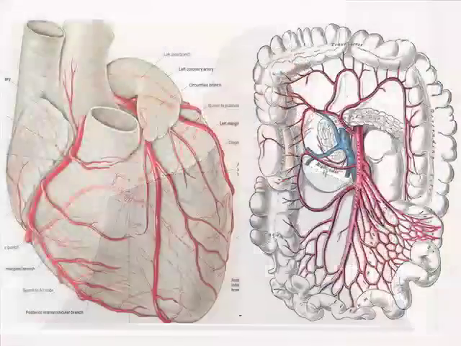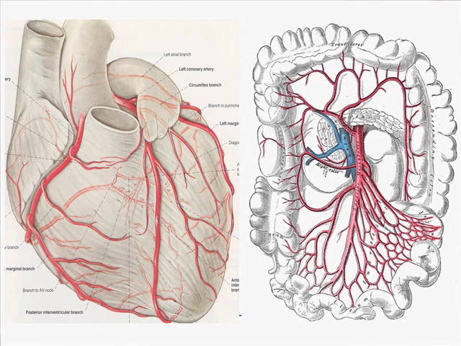Now, the other point that I wanted to make before we get into very specific discussion about types of vasculitis is when you look at the microvasculature of any organ whatsoever, whether it's the heart or the gut or any solid organ, that microvasculature is very different in one organ compared to the next.